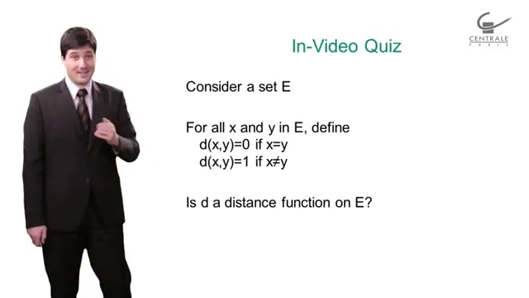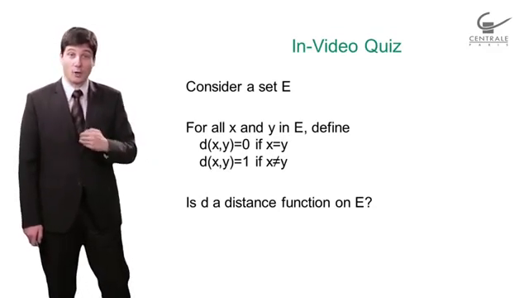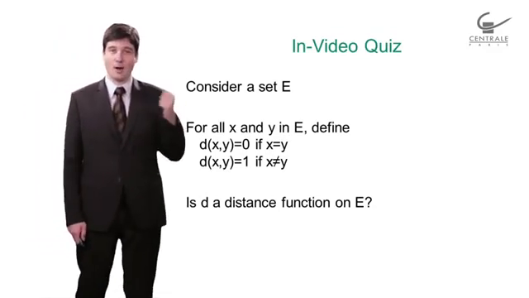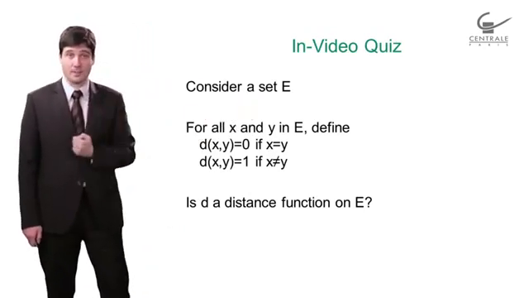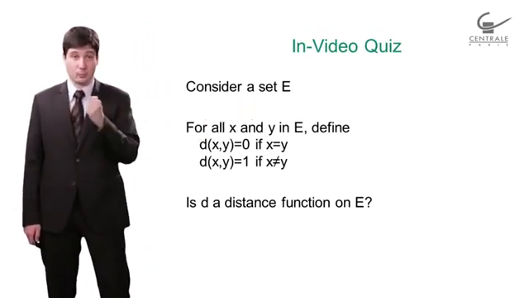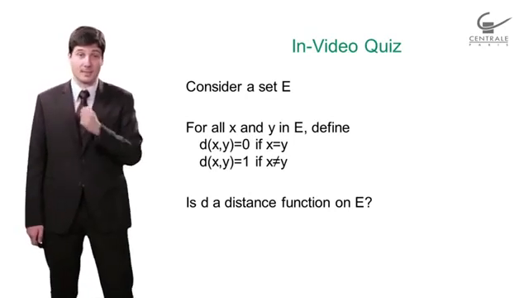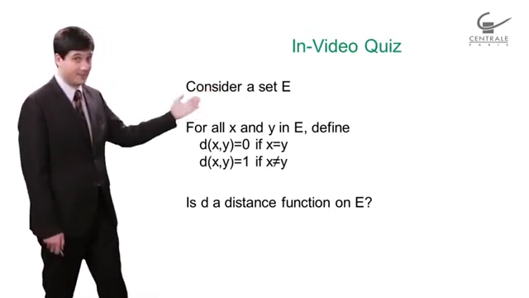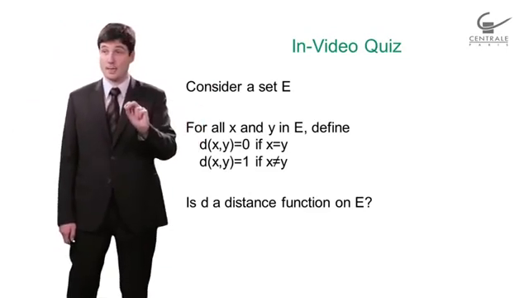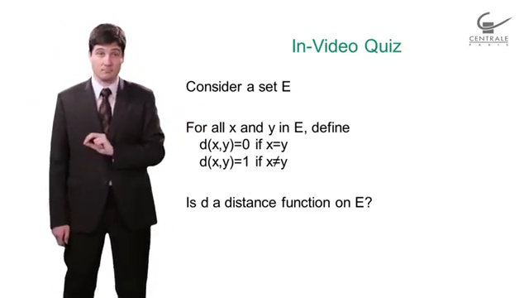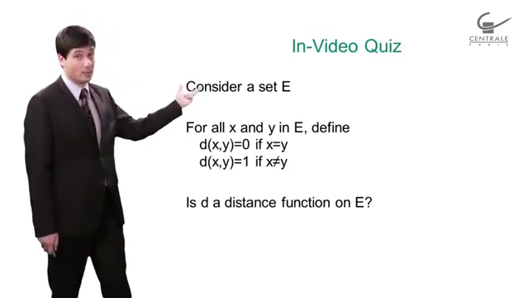Okay, let's verify. Let's check all of the criteria. Number 1, is d positive? Obviously it is. Number 2, is d(x,y) equals 0 if and only if x is equal to y? Obviously it is. Number 3, do we have d(x,y) equals d(y,x)? Well, if x is equal to y, then y is equal to x.